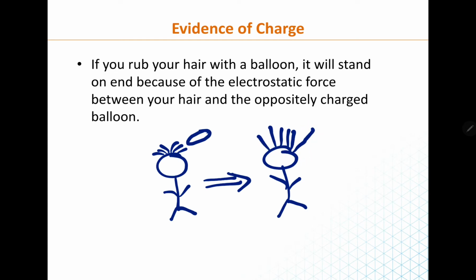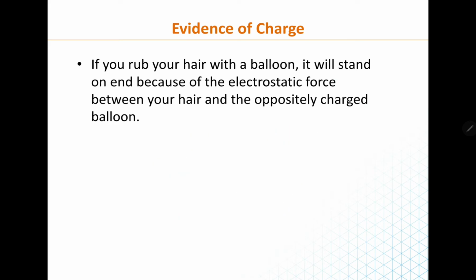Why does that happen? Because of rubbing the hair with the balloon, the hair will gain a charge opposite to the charge of the balloon. So the hair will be attracted to the balloon, and after that the hair will stand on end. I hope you understand it.